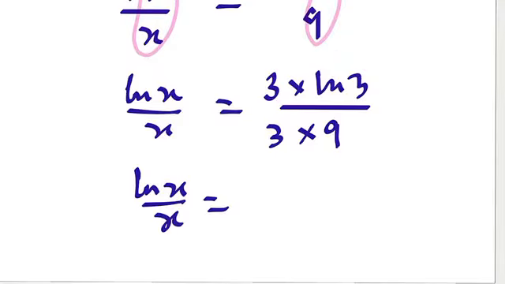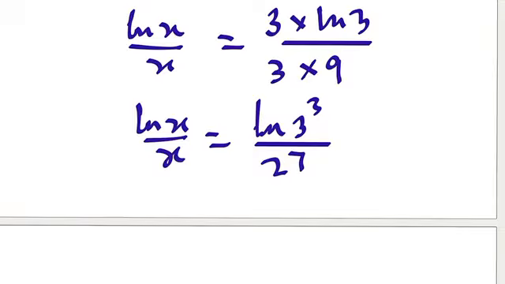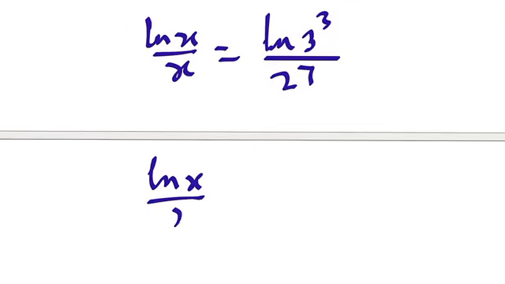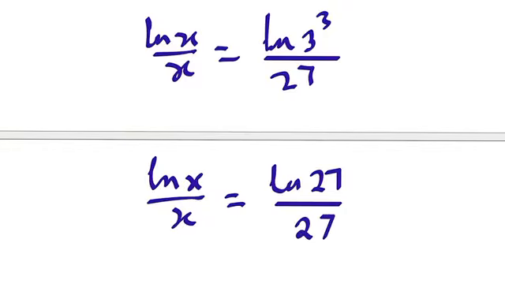So we're going to have ln of 3 to the power of 3 divided by 3 times 9, that will give us 27. Ln of x over x will be equal to ln of 27, because 3 to the power of 3 will give us 27, divided by 27. Understood?